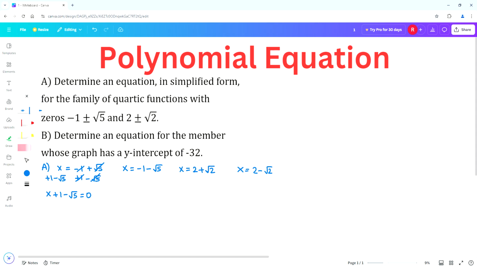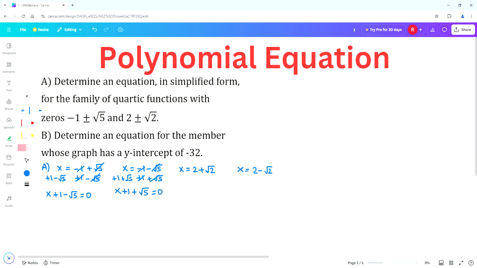Now we can find the second factor. The second factor is x plus 1 plus square root of 5.